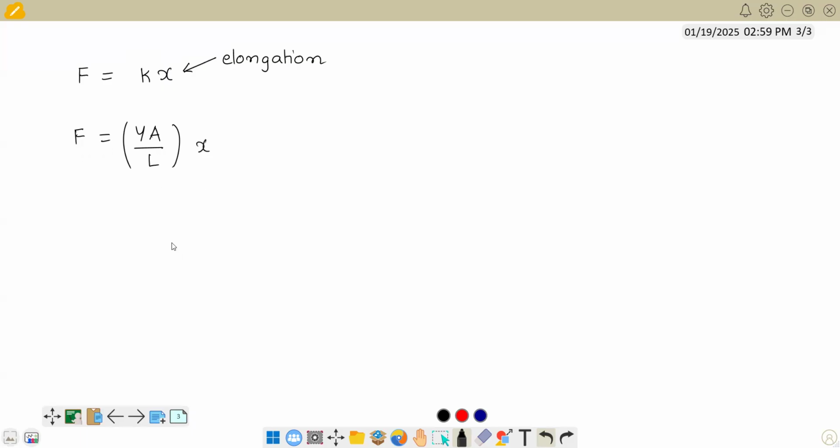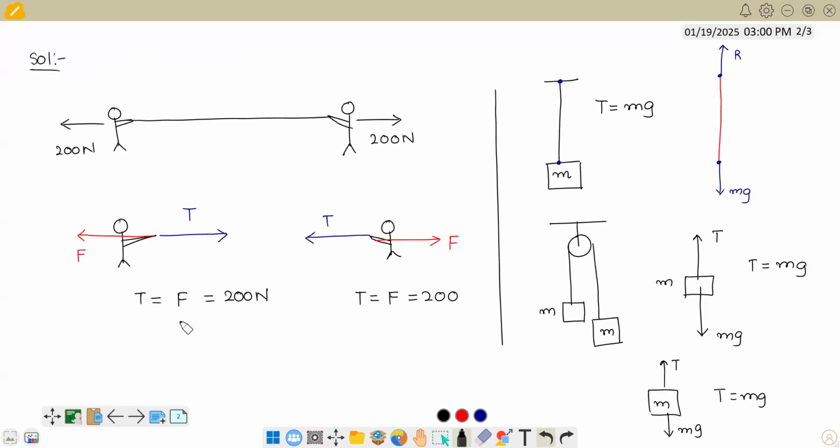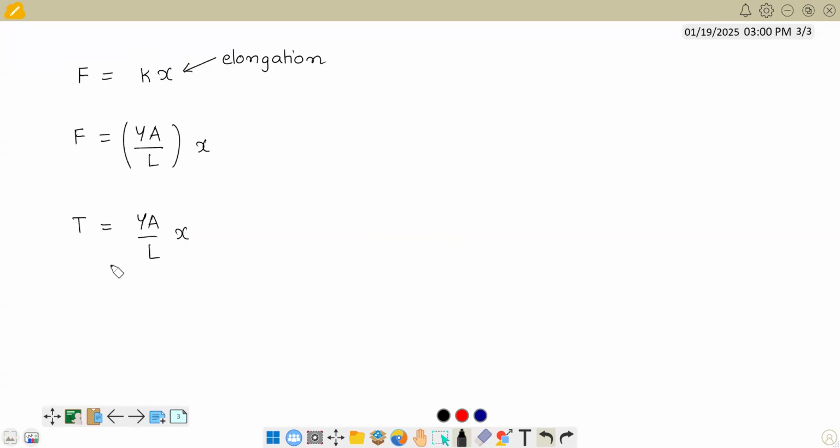So the force value is given as 200. Right now we are trying to find the elongation in the wire. The force in the wire, which is nothing but the tension acting in the wire, equals YA by L into x. The tension that we obtained is 200.